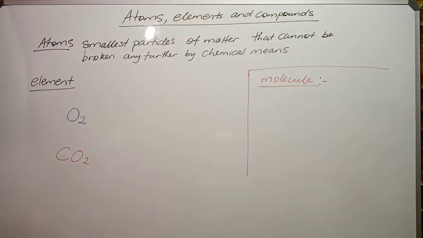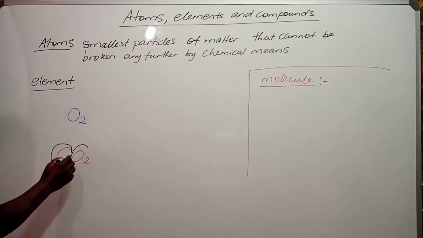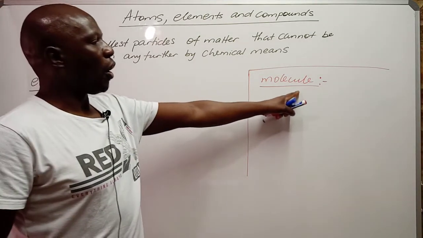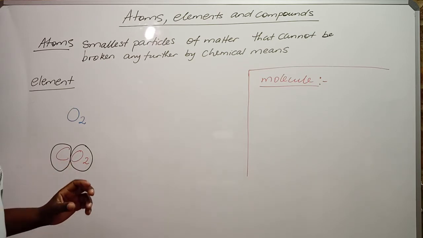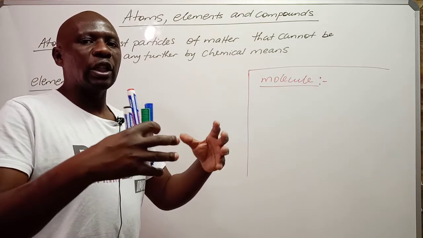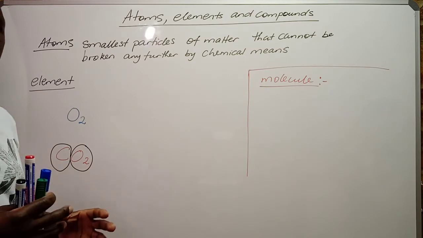A good example, let us look at carbon dioxide. Carbon dioxide is made up of carbon and oxygen. So the molecule of carbon dioxide is made up of carbon elements and oxygen elements. Carbon elements and oxygen elements come together to form the molecule of carbon dioxide.